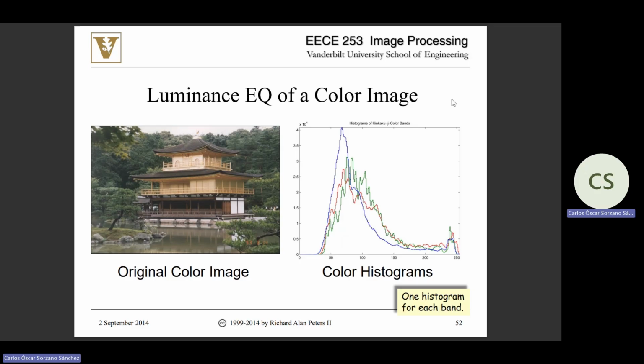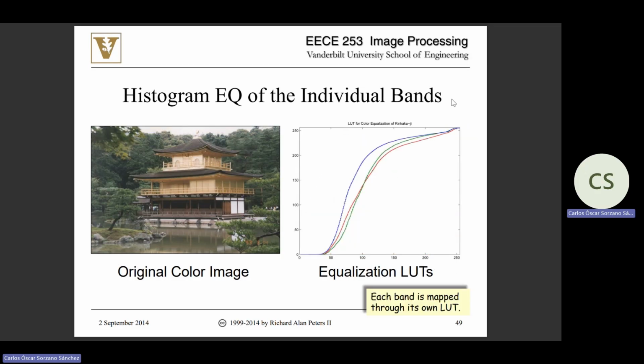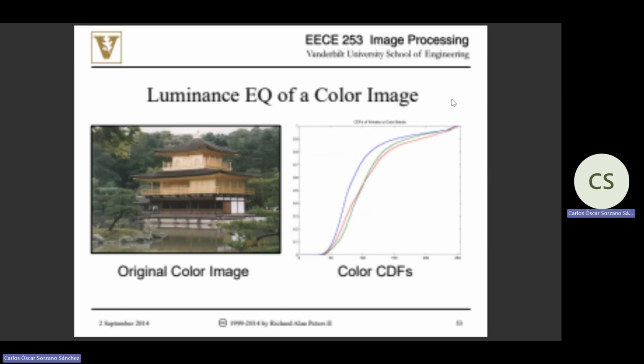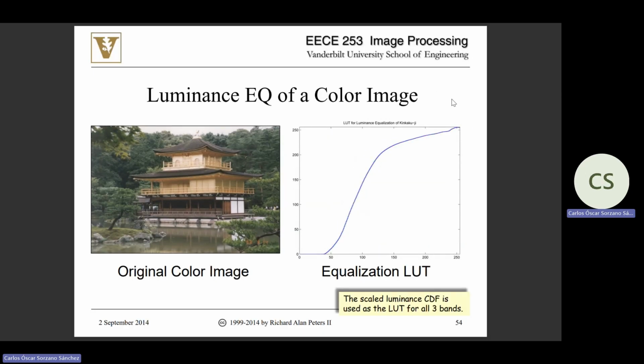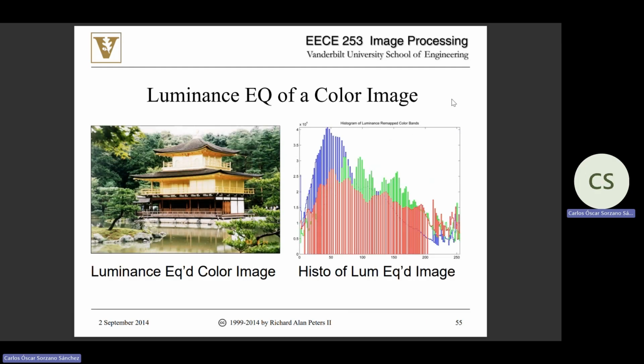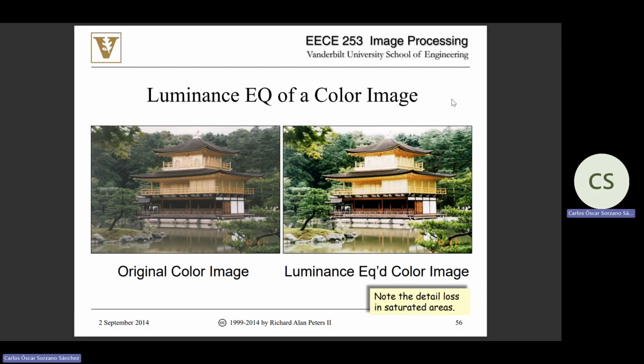So it is not like here, where we were applying three different lookup tables, one to each of the bands. Now we will apply the same lookup table to all bands, and this lookup table is coming from the luminance. And this is the result. It is now a bit better than each one independently. Somehow we have coupled all the bands together so that they shift consistently. They shift the three at the same time.